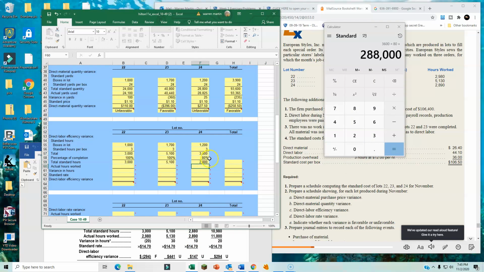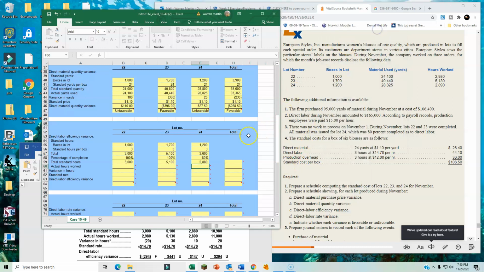Now I only know that this is 2,880 because I do this a lot, but you know, there's a couple different ways to do that calculation there. You can do the 3,600 times 0.80.